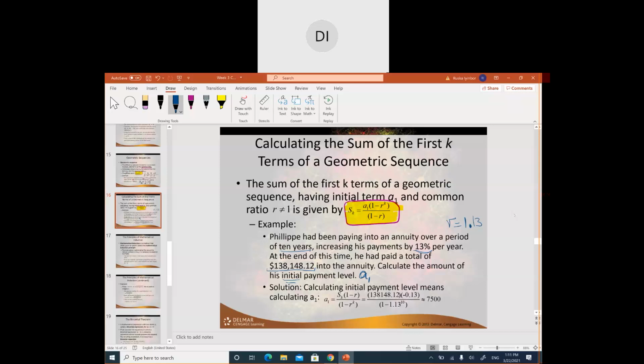So here, this is the sum Felipe accumulates, over how many years? The 10, so this is S10, right? So S10 is given, and we're using the same formula for Sk. But in this formula, if you want to find A1, I'm going to write the formula for A1 also, so you can solve for A1.